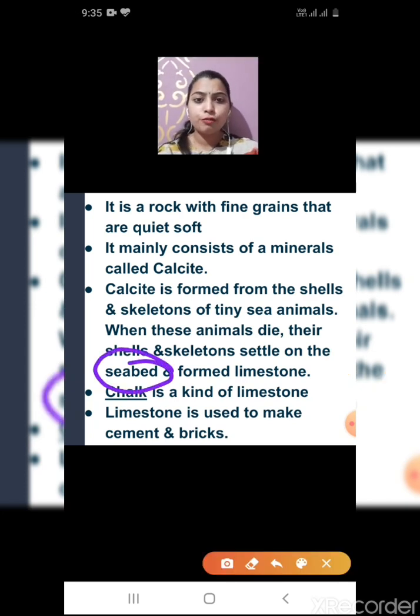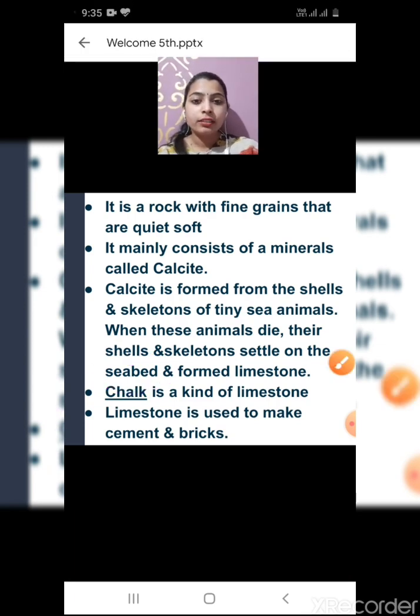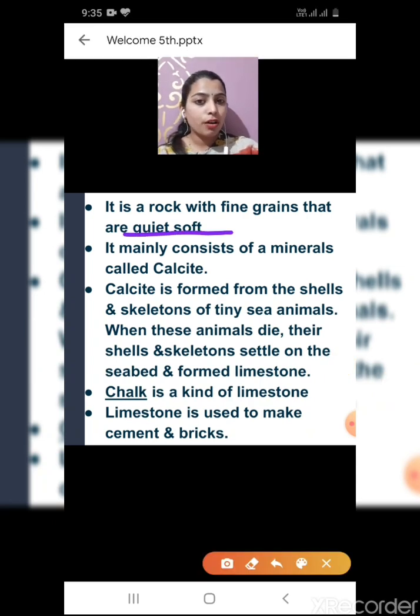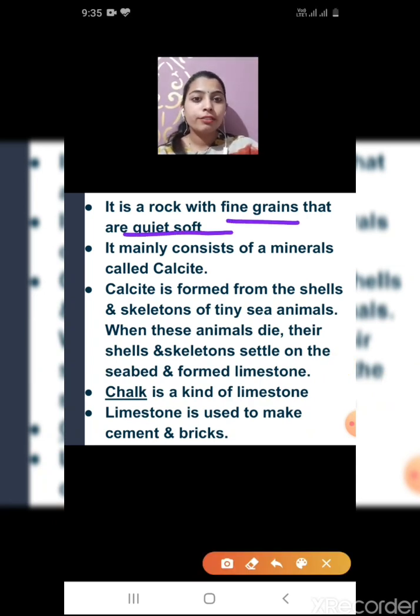Have you ever heard this word, seabed? What is the meaning of this word, seabed? Sea and bed. Seabed means the bottom of the sea, or you can say the floor of the sea. So, limestone is a quite soft rock with fine grains.